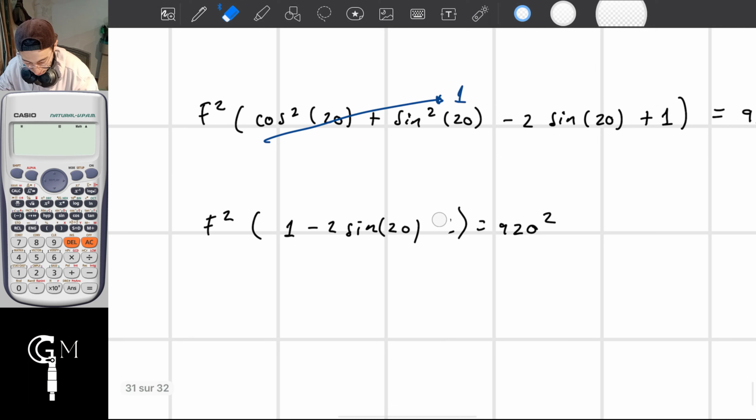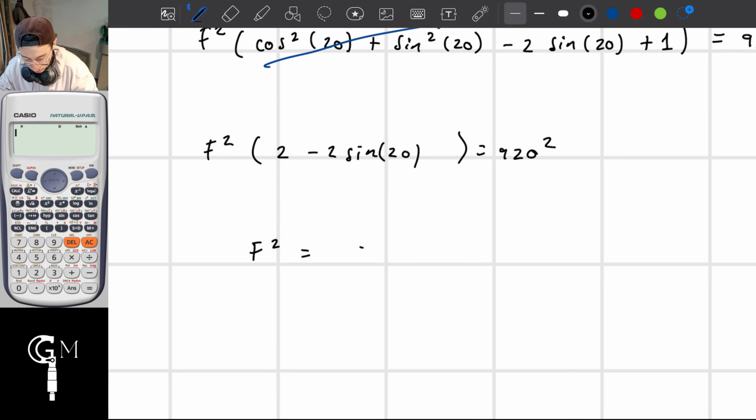But I can get rid of this 1 and place a 2 right here, 1 plus 1 equals 2. And finally, I can say that F squared is equal to 920 squared divided by 2 minus 2 sine 20.